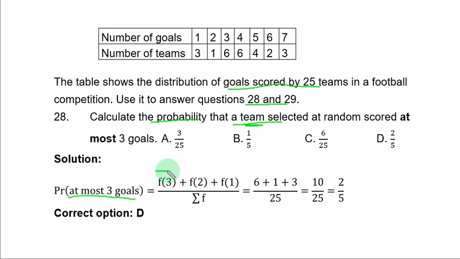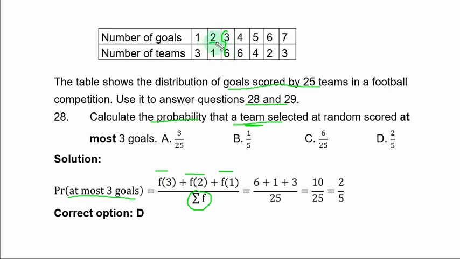The words "at most" mean those that scored 3 goals, 2 goals, and 1 goal respectively. So you move from 3 to 2 to 1: the frequency of the teams that scored 3 goals, plus the frequency of the teams that scored 2 goals, plus the frequency of the teams or team that scored 1 goal, over the total number of teams. Those that scored 3 goals, they are 6.